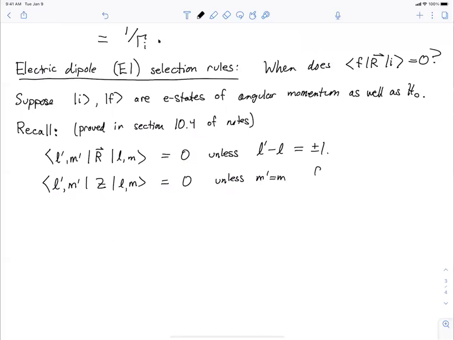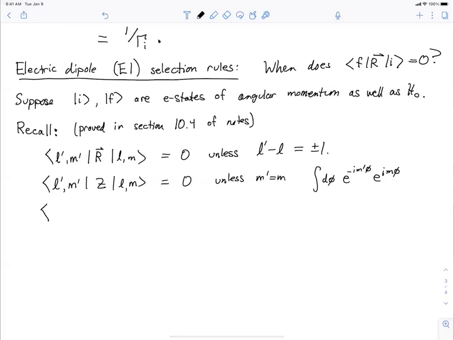When you calculate this, you're doing an integral d phi, and you get an e to the minus i m prime phi from this thing. And from this thing you get a factor of e to the i m phi, and z in spherical coordinates doesn't depend on phi. And so this will only be non-zero when m prime equals m. Otherwise, it cancels and gives 0.